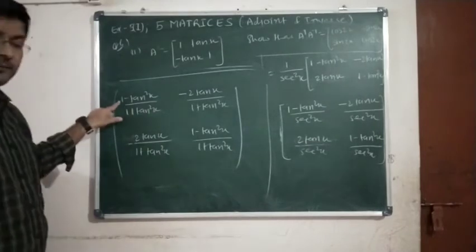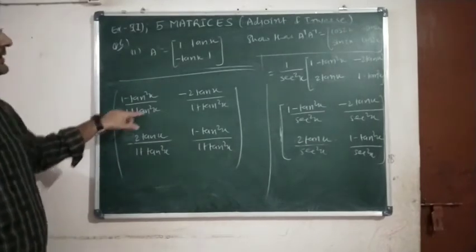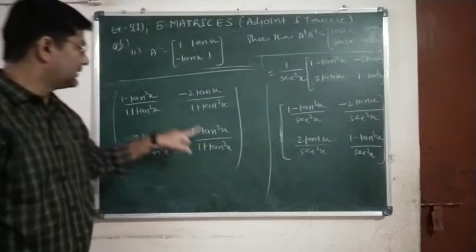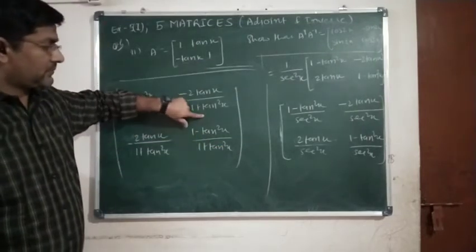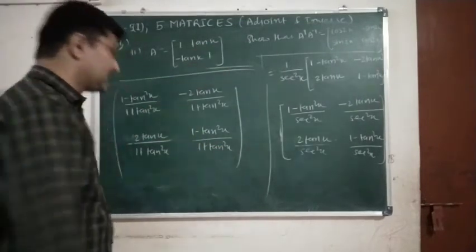Now 1 minus tan square x upon 1 plus tan square x is the formula of cos 2x, and 2 tan x upon 1 plus tan square x is the formula of sine 2x.